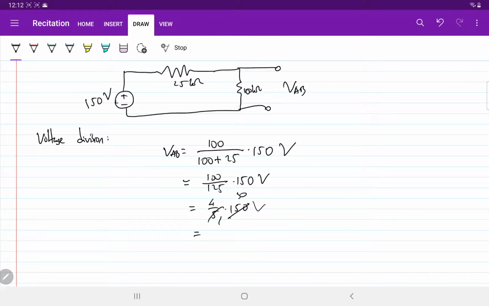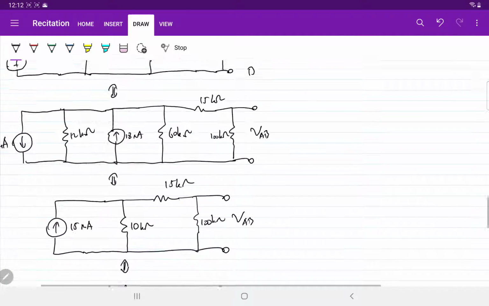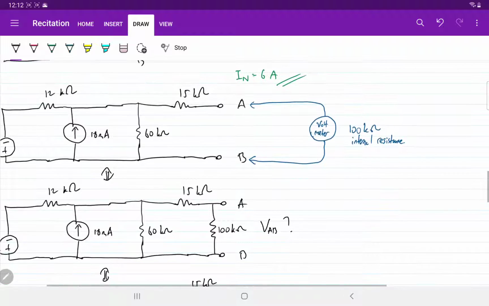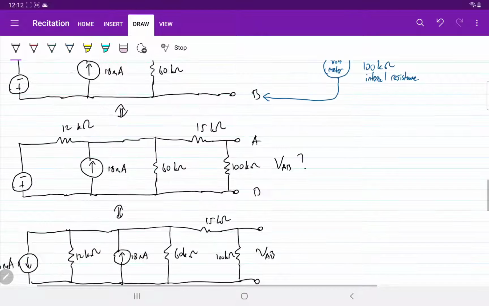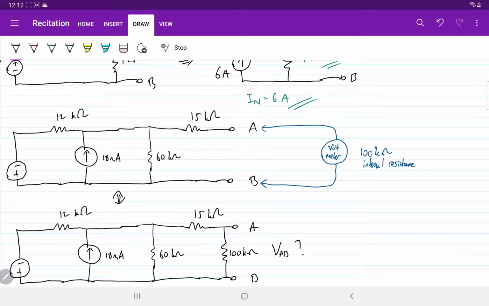This is 30, so 120 volt. Okay, therefore this voltmeter will read 120 volt across this AB terminal.